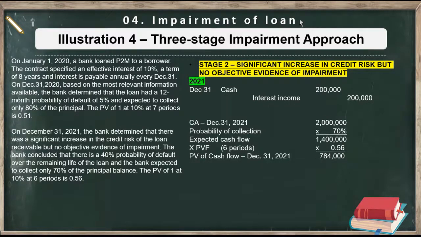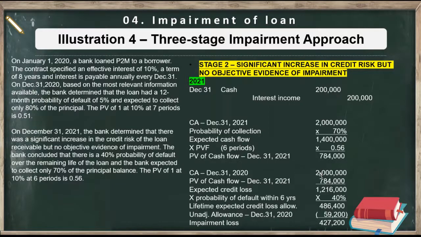And then you will get the present value of cash flow on December 31, 2021, which is 784,000. So there's a change in the estimate. So from the previous 80%, karon kay 70%. Then the new present value of the cash flows for the remaining periods would be 784,000.